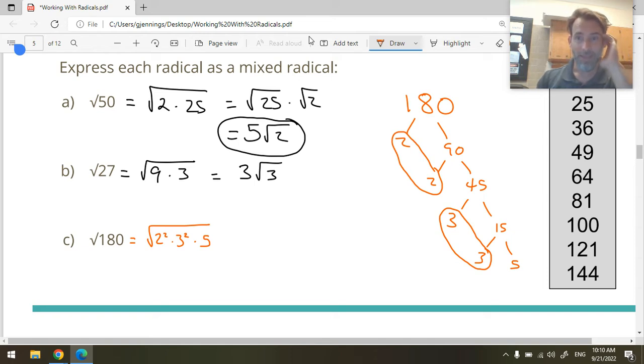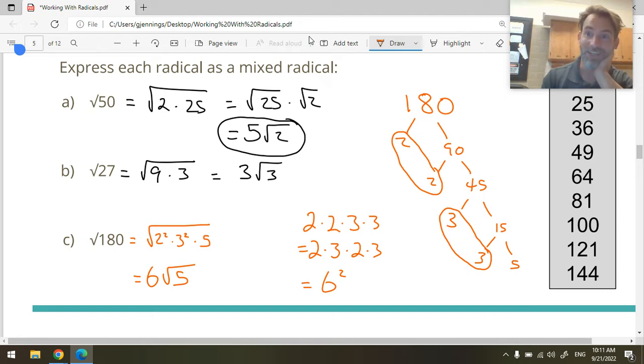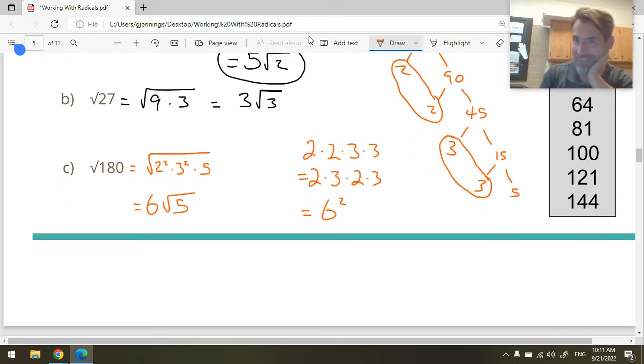Okay? And then 2 squared times 3 squared. This confused some of you this morning. If I have 2 times 2 times 3 times 3, that's the same thing as 2 times 3 times 2 times 3 equals 6 squared. So the number that jumps out here will be 6 root 5. Check on your calculator that 6 root 5 is the same thing as the square root of 180. I'm done checking. I'm pretty convinced.